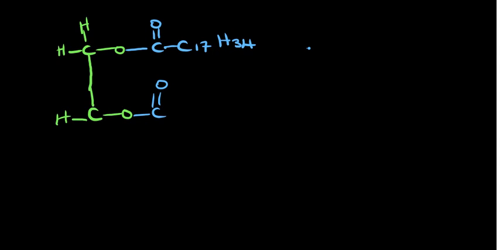Let me just write 1, 2, 3, 4, 5, 6, 7. So we have 7 carbons, then how many hydrogens? 14 hydrogens.